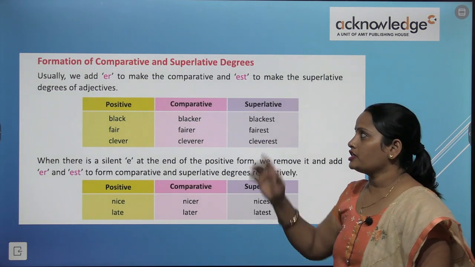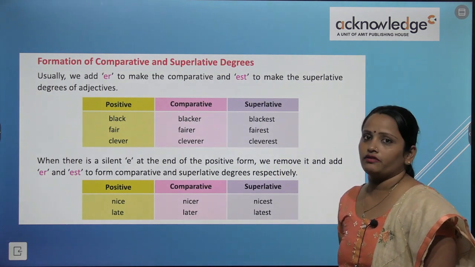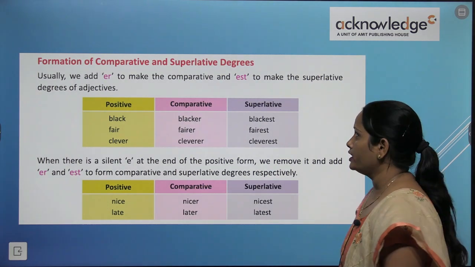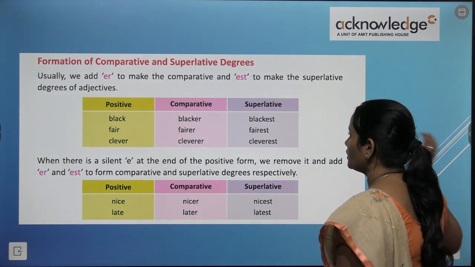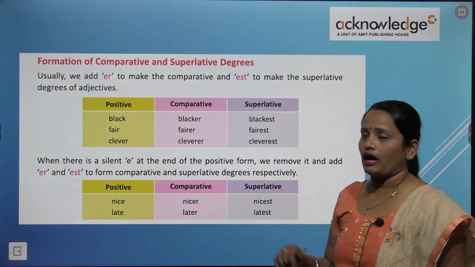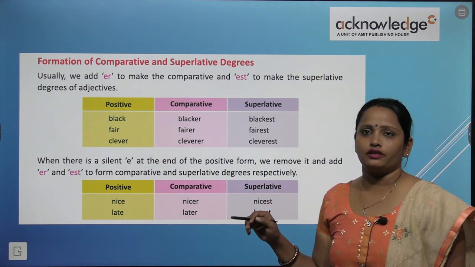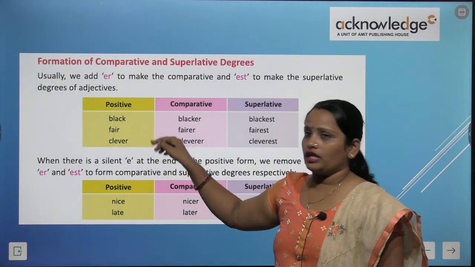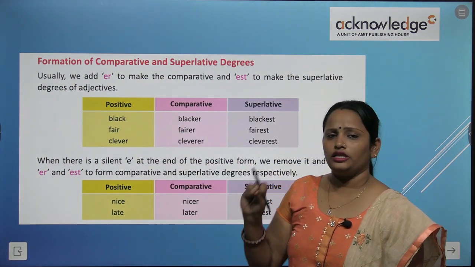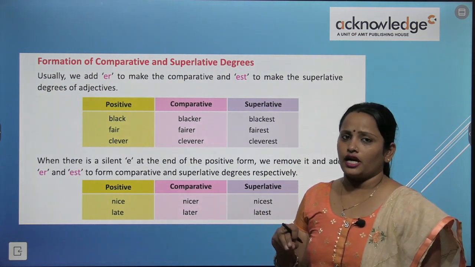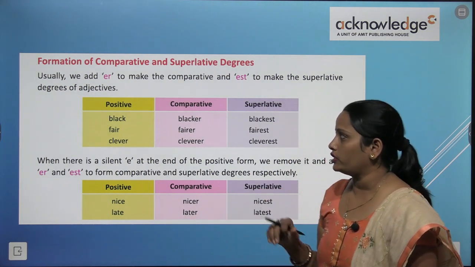Now, formation of comparative and superlative degree. How can we form the comparative and the superlative degree? Let's see. Usually we add ER to make the comparative and EST to make the superlative degree of object. So positive degree जो होती है हमारी उसमें हम या तो ER लगाते हैं comparative में convert करने के लिए या EST लगाते हैं superlative में convert करने के लिए.